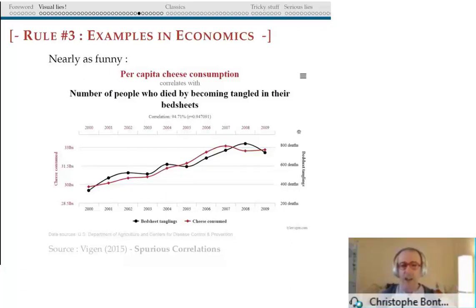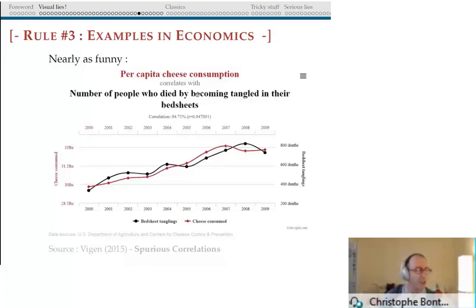And in red, you have per capita cheese consumption. And when you see two curves matching so well, with a correlation of 0.94 and R square also of 0.94, you say, oh, wow, the correlation. But you obviously see that nothing is true in this. It's just a joke.